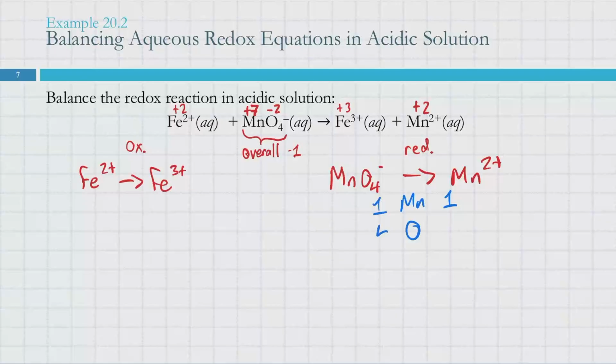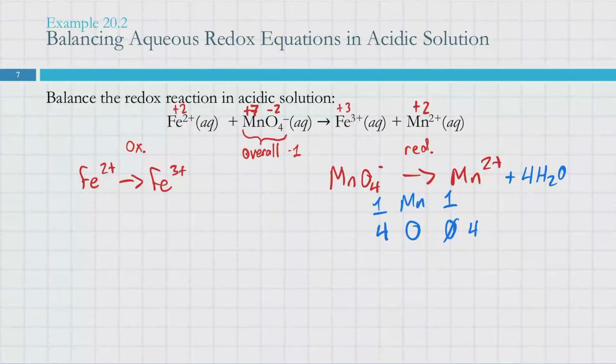Our oxygen is not balanced. We've got 4 and 0. So to get our oxygen count up, we're in aqueous solution. We've got lots of water around, so we can just say, hey, maybe there's 4 waters floating around. So if we add 4 H2Os to the right side, now we've got 4 waters, or 4 oxygens.